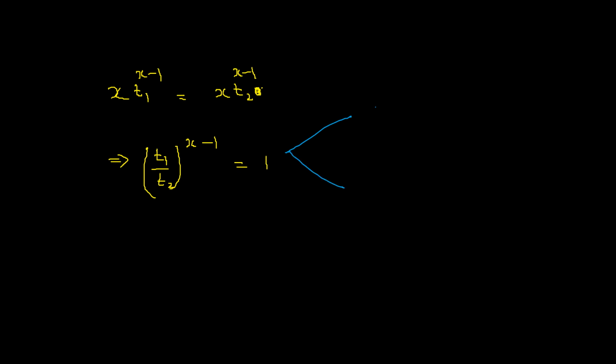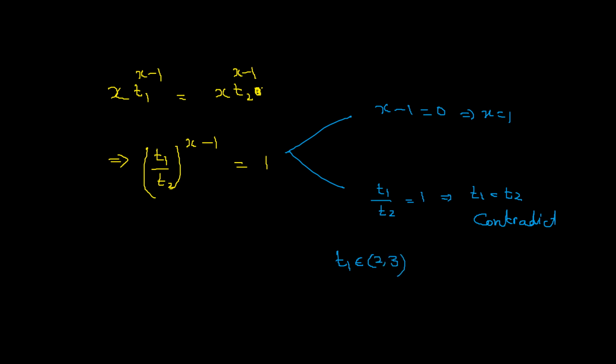Either x minus 1 is equal to 0, which says that x equals 1, or the other possibility for which this can be equal to 1 is that t1 over t2 should be equal to 1, which means that t1 equals t2, which contradicts the assumption that t1 belongs to 2 comma 3 and t2 belongs to 4 comma 5.